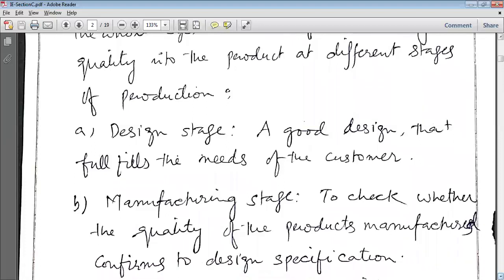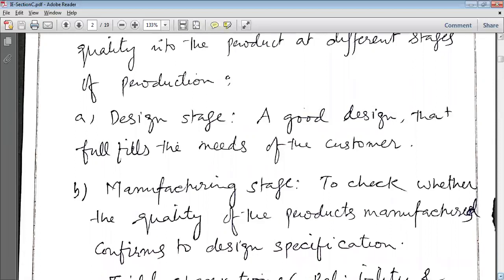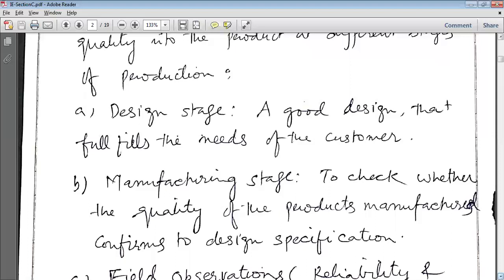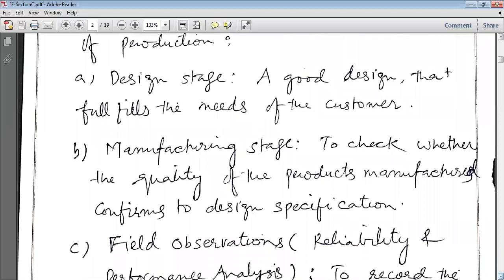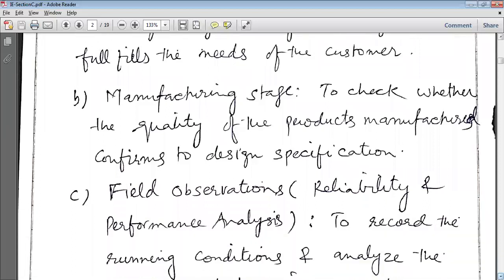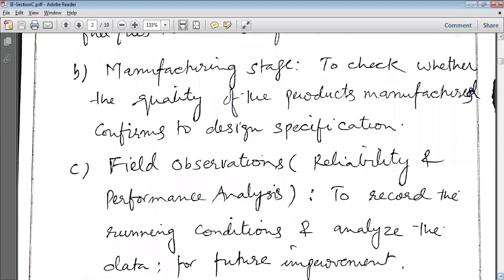The manufacturing stage is the process of converting the raw material into the final stage, also called value addition. So at that stage, we also try to inject good quality in the part. So the manufacturing stage also plays a role for a quality product. Then field observations, reliability and performance analysis to record the conditions and analyze the data for future improvements.